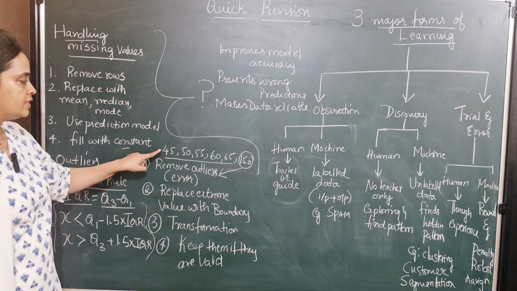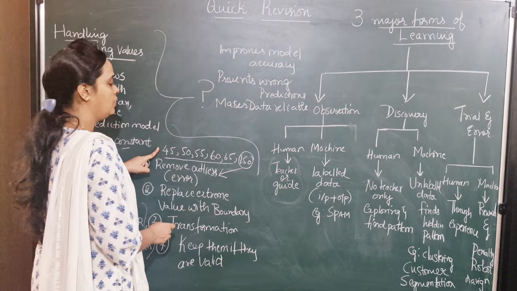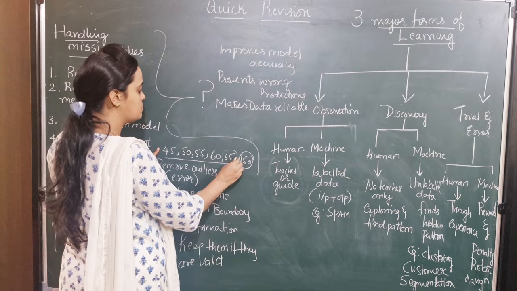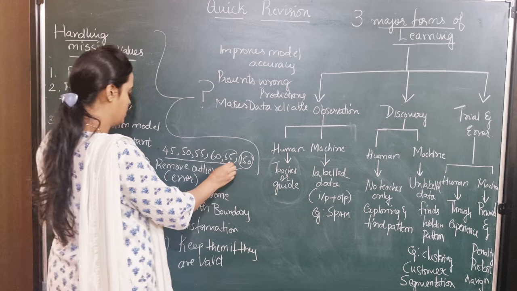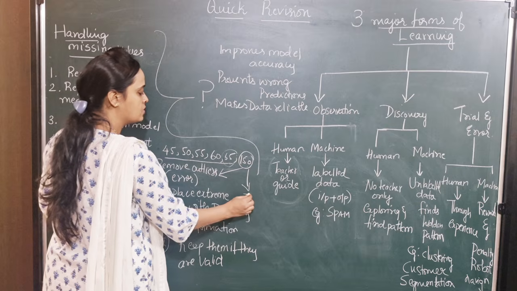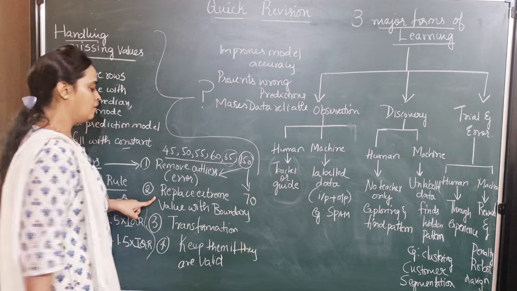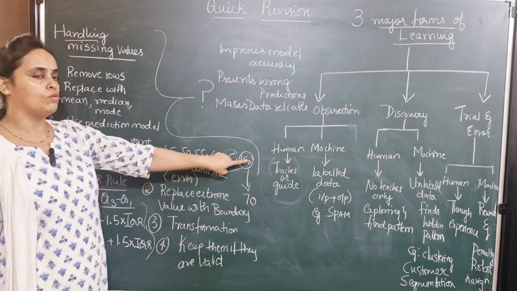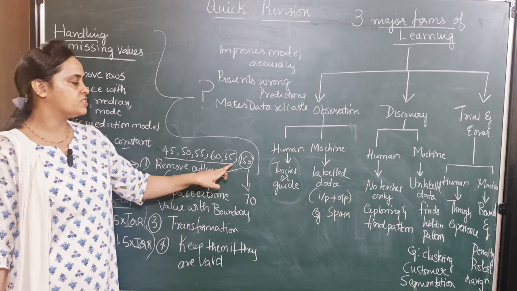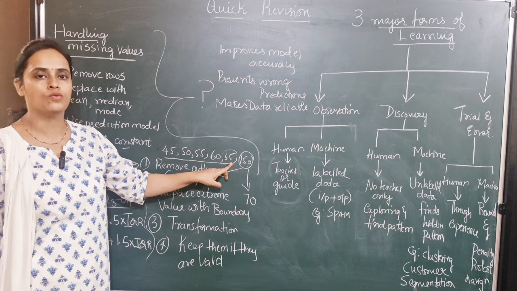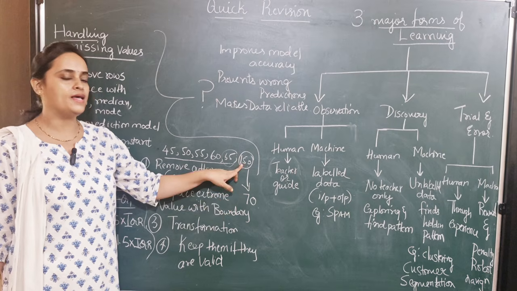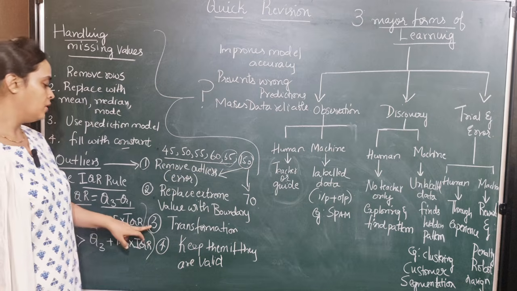For example, see the data set here, just observe. We can say 150 is the outlier. The boundary for this is 65. Just replace this 150 by 70. We are replacing this extreme-value outlier with the boundary. If 65 is the digit just before the outlier, we can have the boundary value as 70, and replace that 150 with 70.